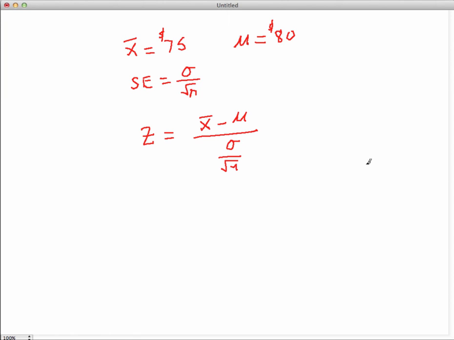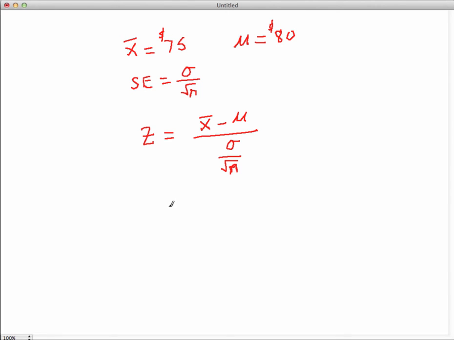Now again, this is no different than any other way we've calculated z before. It's simply the observed data point, subtract the mean, divided by the standard deviation. It's just that the standard deviation this time is given by the standard error.